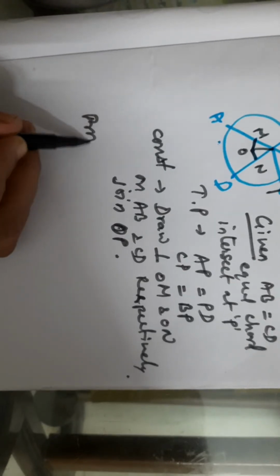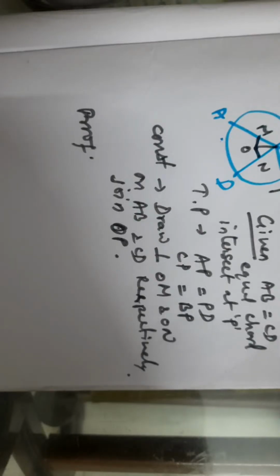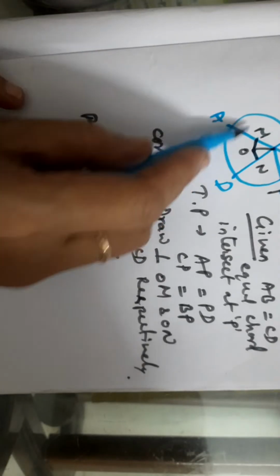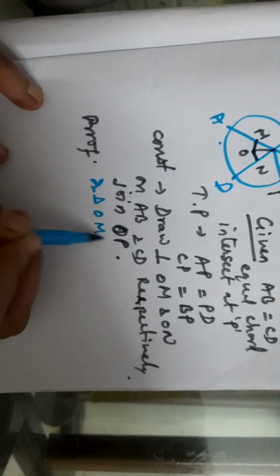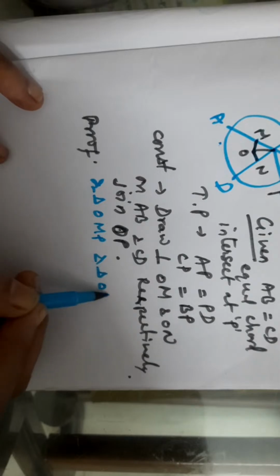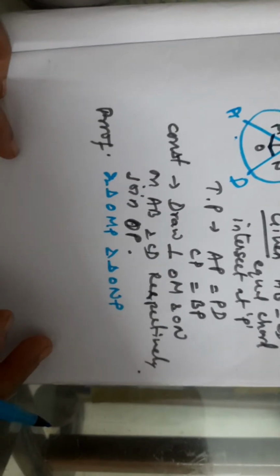Join OP. You can see there is a formation of two triangles. So in the proof part, in triangle OMP and triangle ONP, what can you find in these triangles?